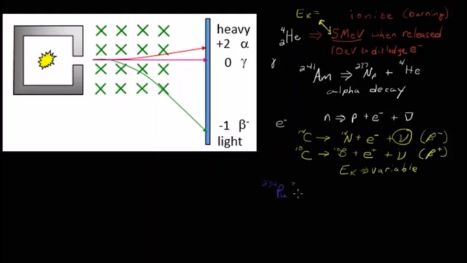It's got way more neutrons than protons. And it will decay into another highly radioactive version of itself. So it's not done when it's done, when it goes through this process, plus a gamma ray.